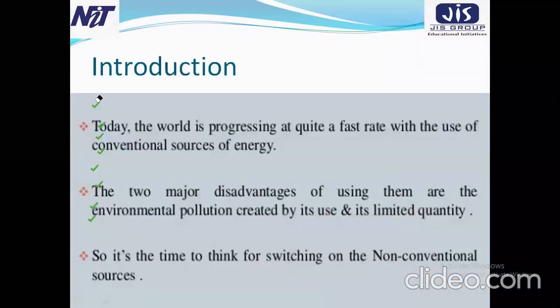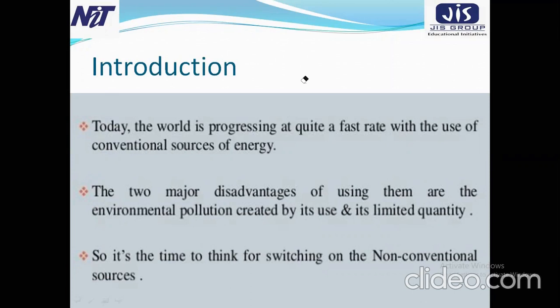So let me talk about the introductory part, the introduction about the solar and wind power station. Today the world is progressing at quite a fast rate with the use of conventional sources of energy.